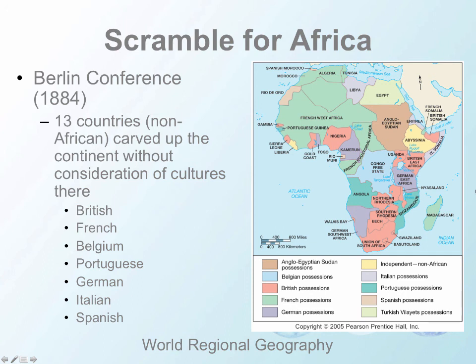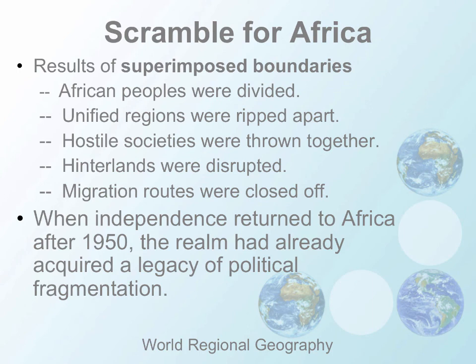It was not done with a sense of saying, where are the cultures, where are the language zones, let's make sure that we're creating areas that have relatively homogeneous groups of people, or following any kind of pre-colonial boundaries. That was basically ignored. So it divided cultural and linguistic groups. It ripped apart previously unified cultural and linguistic zones.